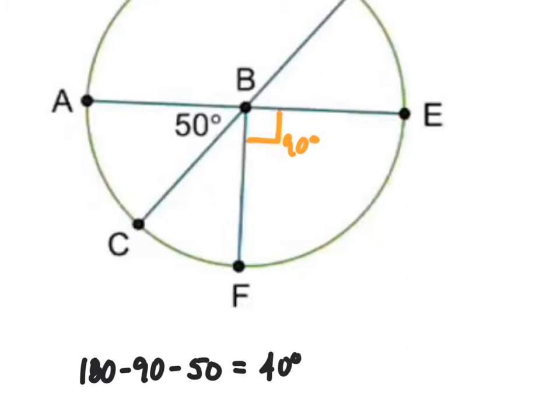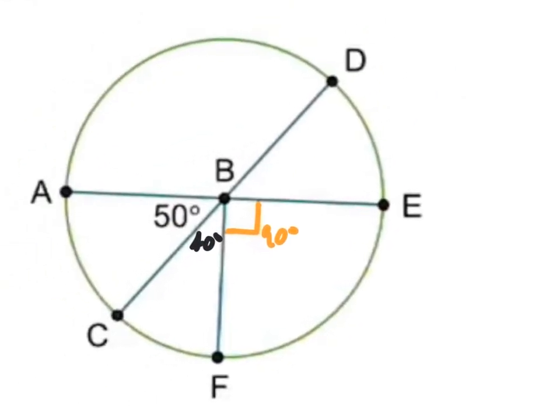So I know that this interior angle CBF is going to be 40 degrees, because these angles have to all add up to 180. Now the other thing I know is that CD and AE are diameters, so these two angles here are congruent because they're vertical angles.